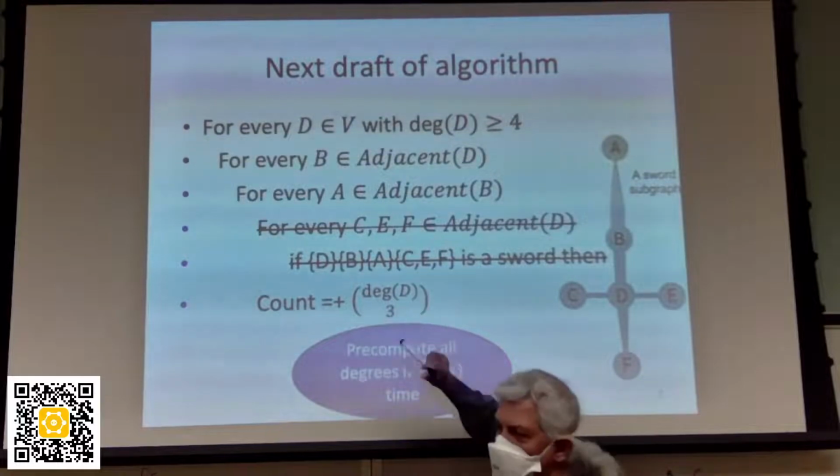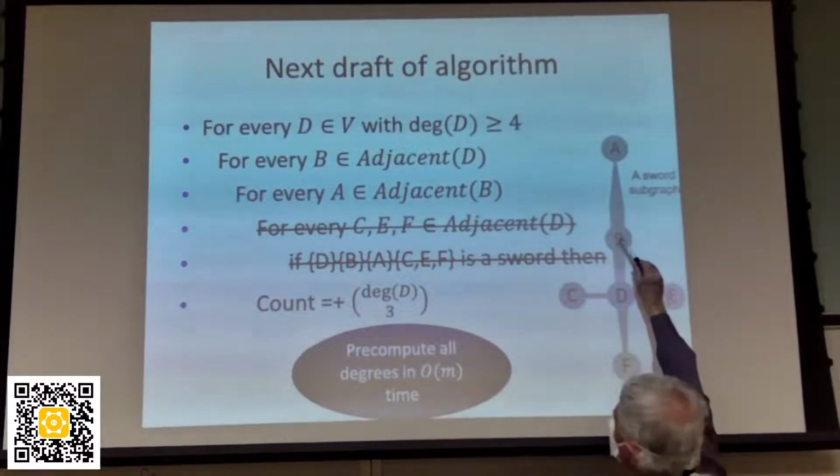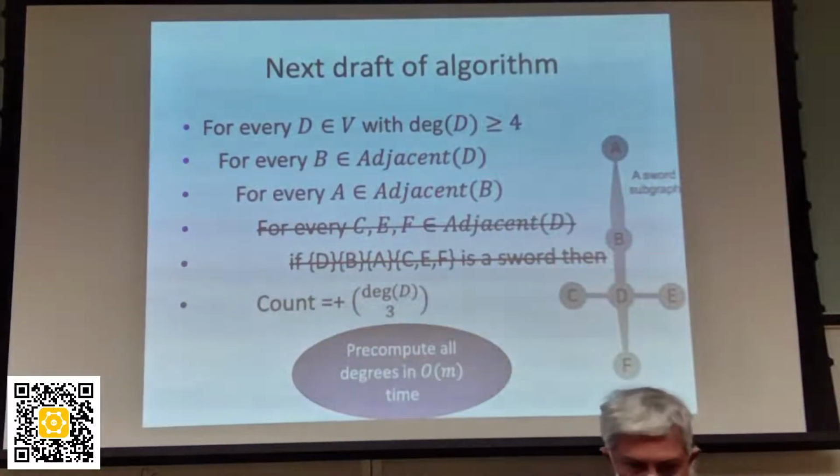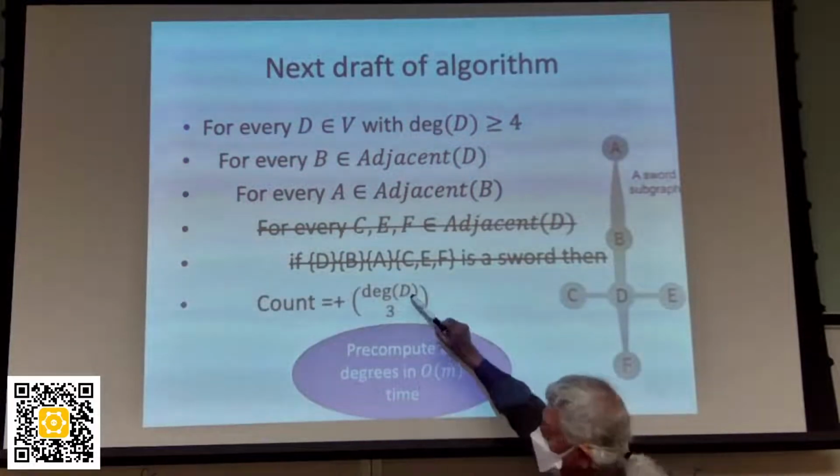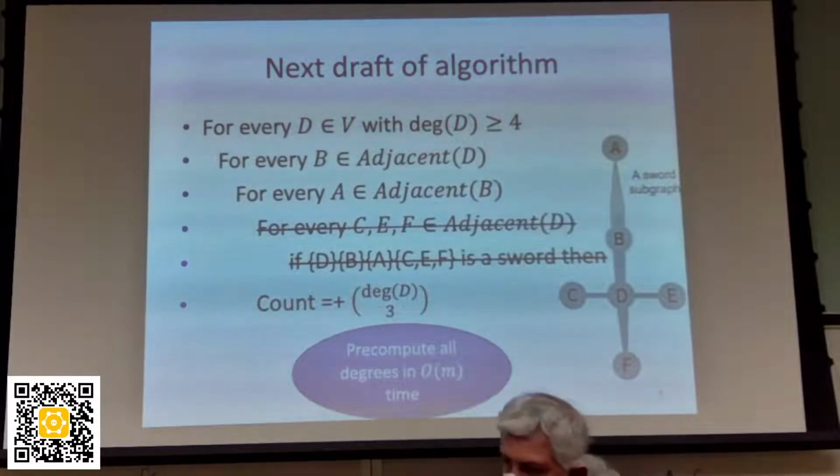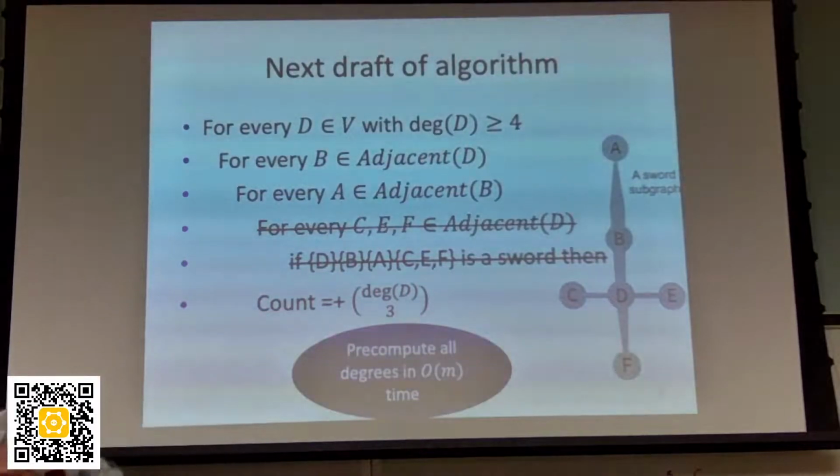I should have said degree D minus 1, because I shouldn't be including B here, which has already been picked. Out of degree D minus 1, I only have to choose 3, and I know how many that's going to be, because if D had 7 neighbors, B is taken care of. There are 6 others. I just have to pick 3 from there.